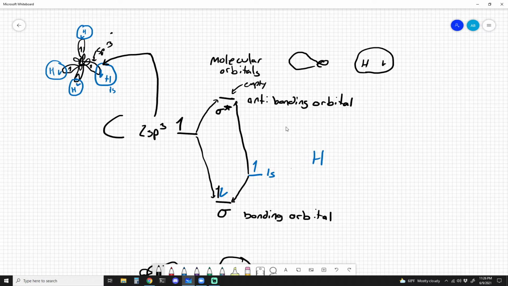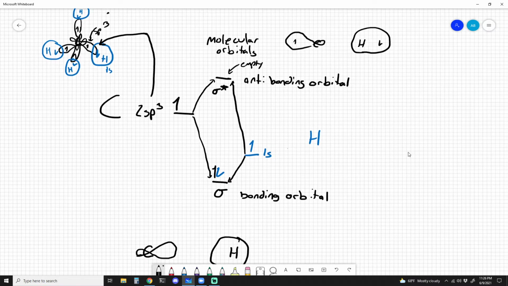It would be placed away from the direct line between the two atoms. And so that's how this works, right? If we have electrons here in our anti-bonding orbital, they are not contributing to the bond. In fact, they're actively making it so that the bond can't form.